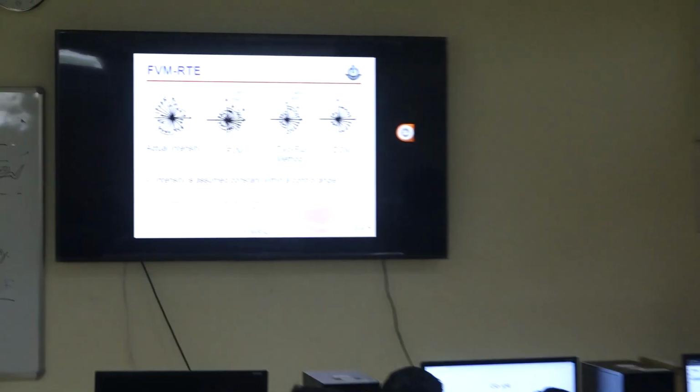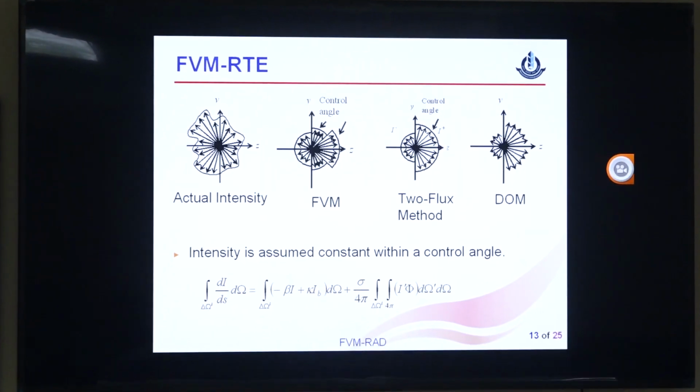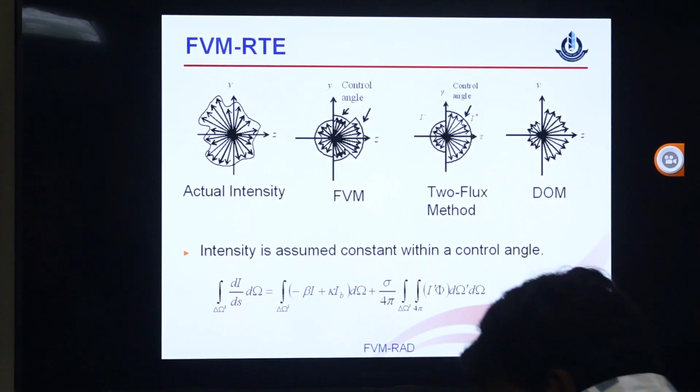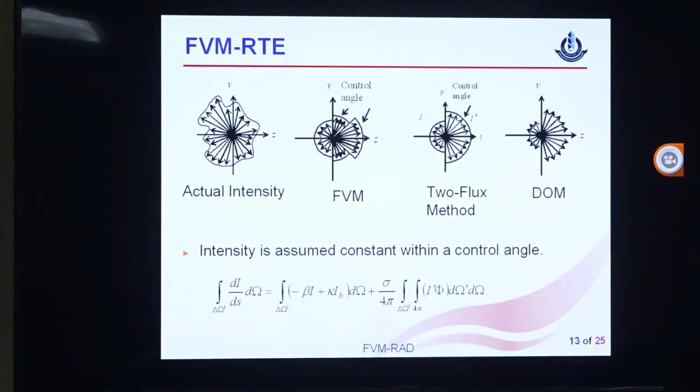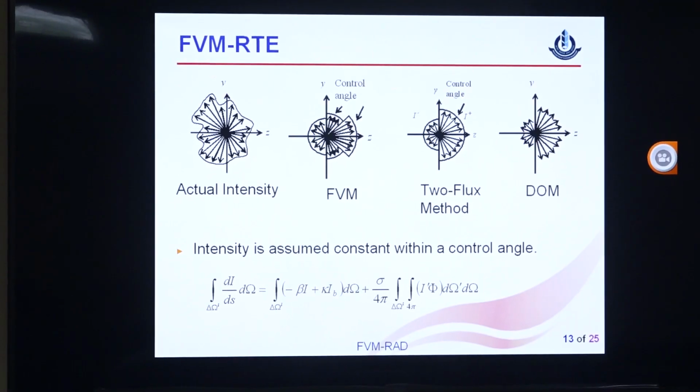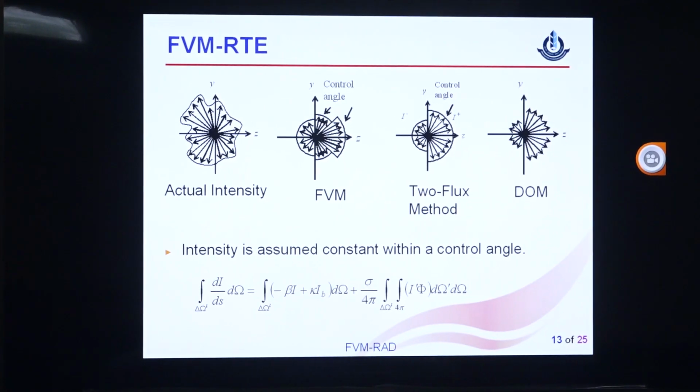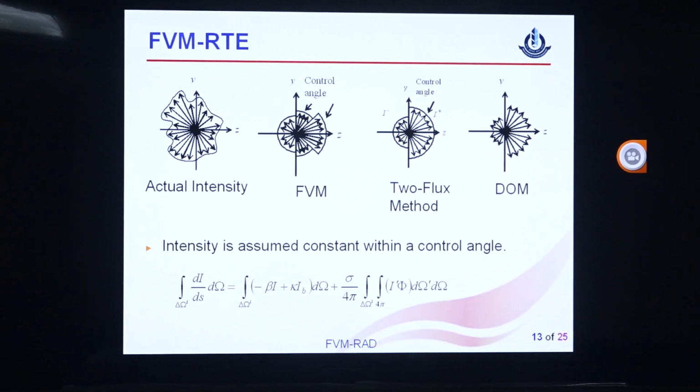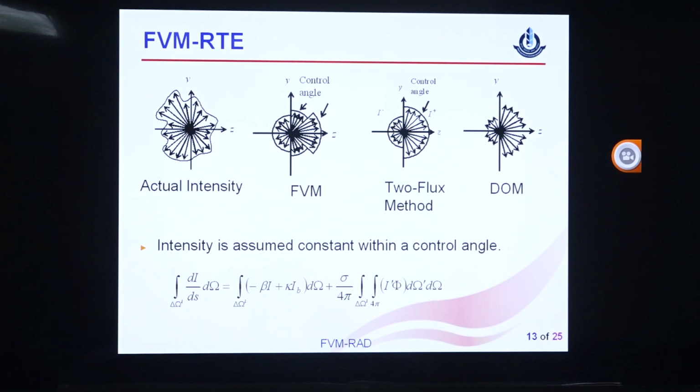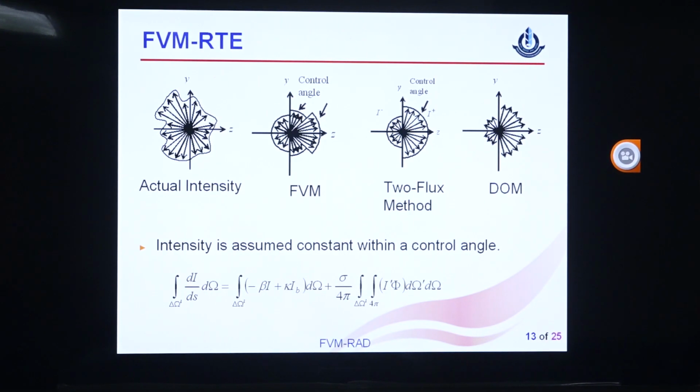And the two-flux method you can now say is a subset of the finite volume method. It is a special case of the finite volume method where you have only two control angles, right? Two hemispherical control angles. If in a finite volume method you generate two control angles, then it is nothing but a two-flux method.